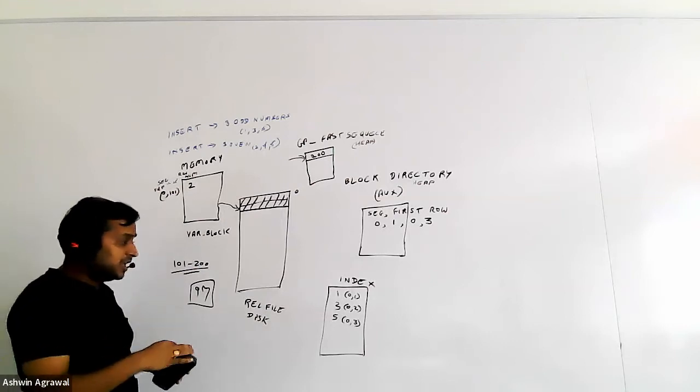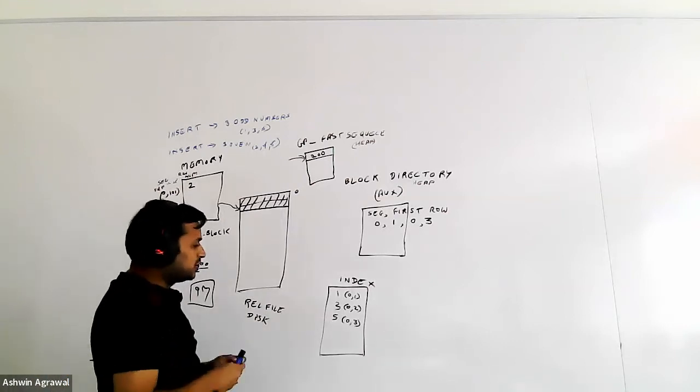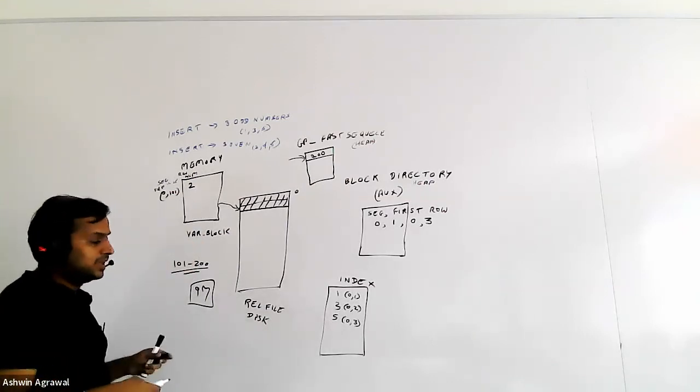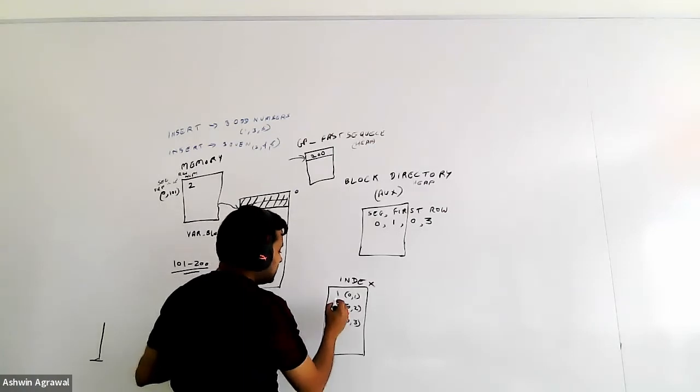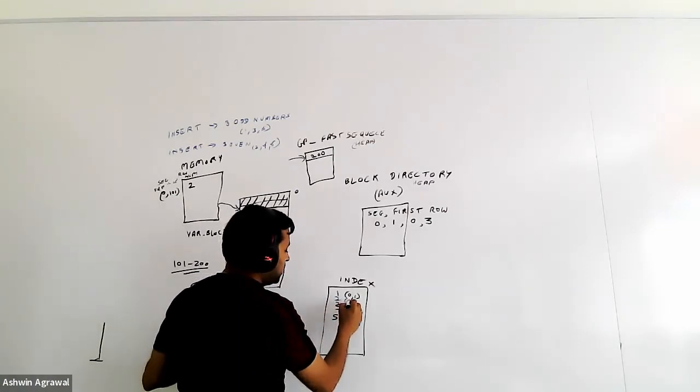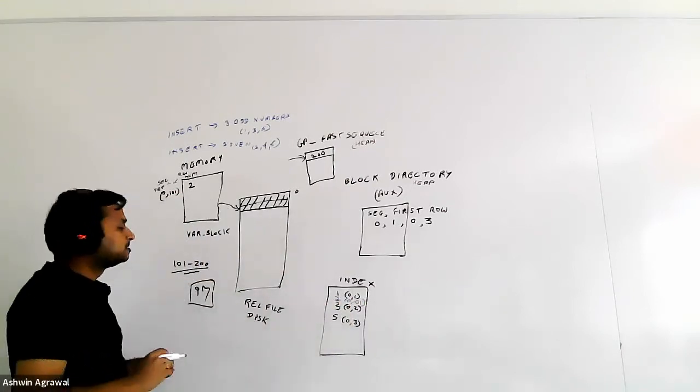Now, when you write this entry to the index, let's say this is a B tree index. A B tree index will keep the data in sorted order based on the key. So in the index, that entry would come here and you will get 0, 101 inserted in the index.